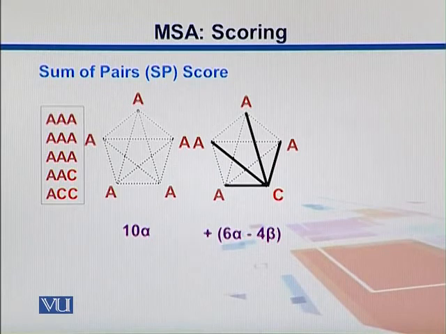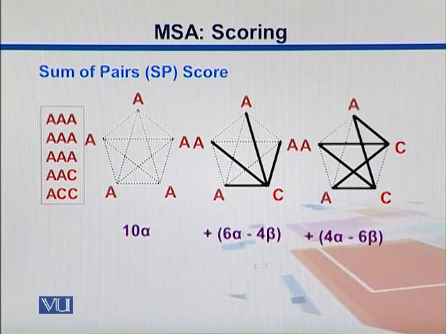So in the second alignment scenario, in the second star, you will see that you have 6 alpha minus 4 beta. And in the third situation, which was actually the third column, you have 4 matches and 6 mismatches. So you come up with your scoring schemes, whatever you have defined, you put into your matrices, but overall the relations or the formulas go like this.